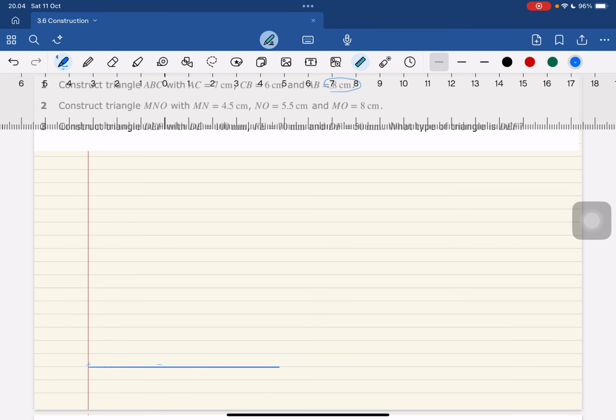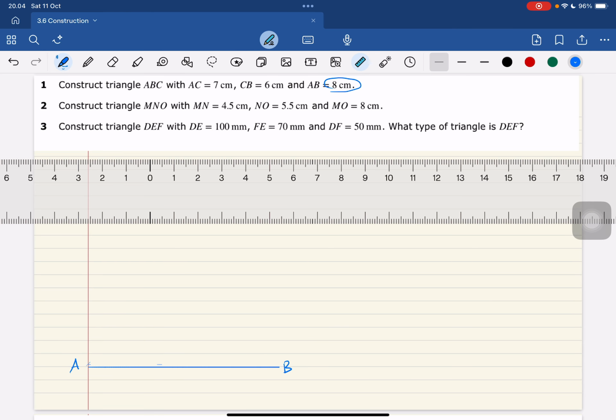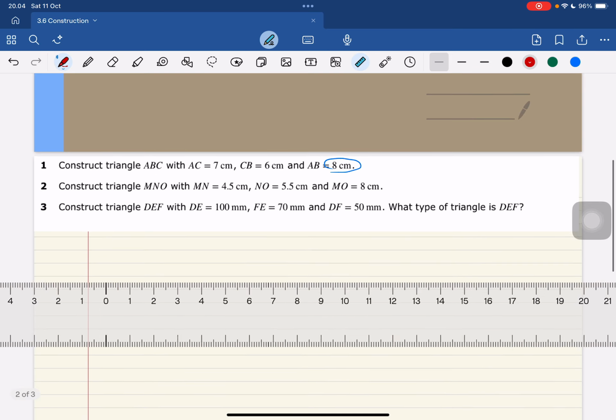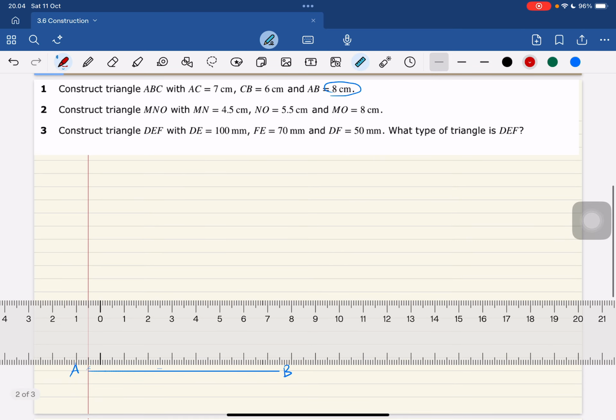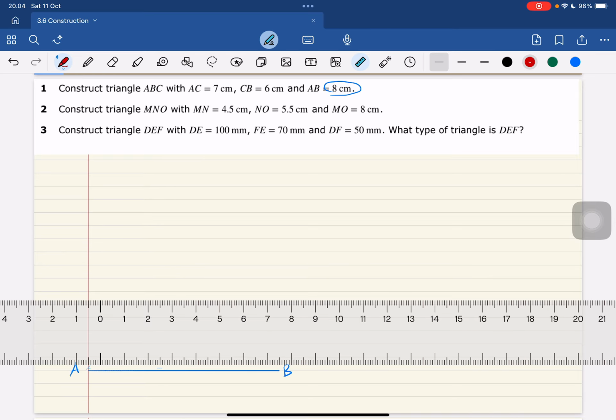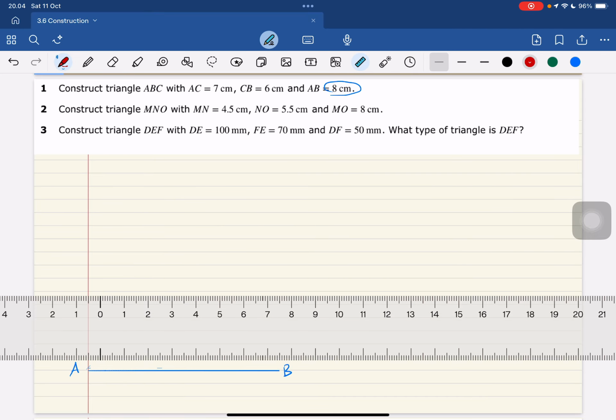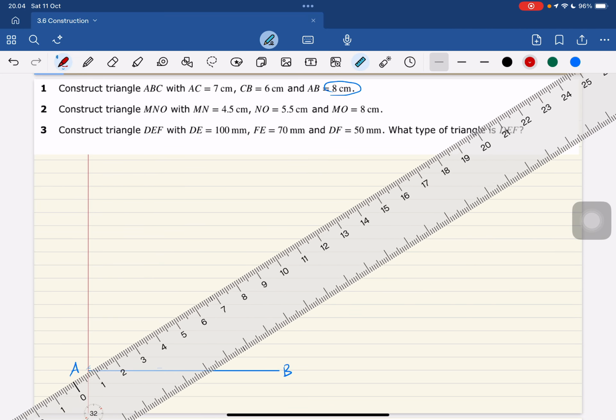There it is. Let's label it A and B. Next, let's find AC. Actually we need to use the arc to find the point between AC and CB, but we don't have a compass here, so let's estimate it.